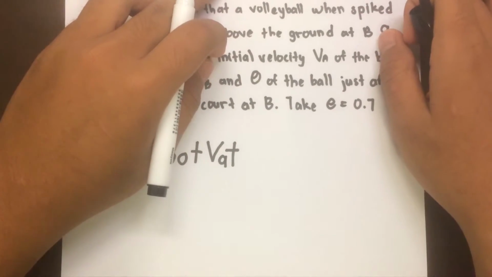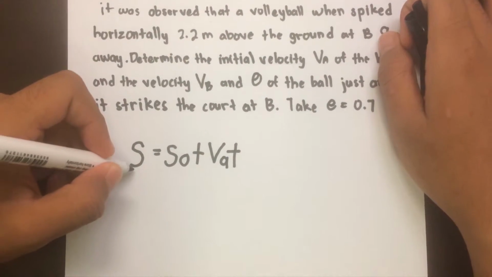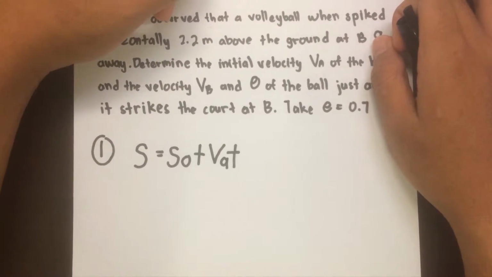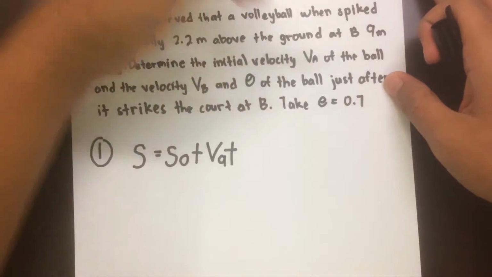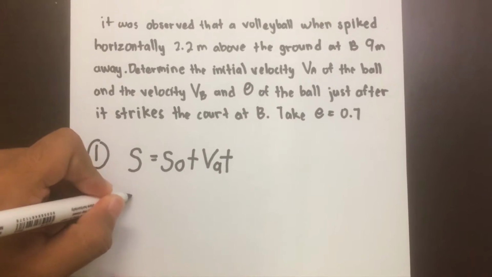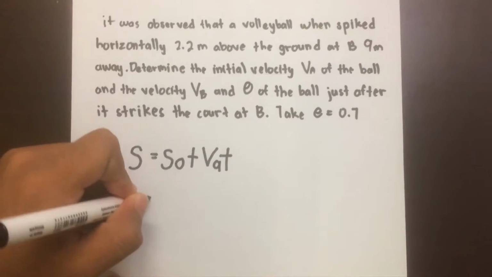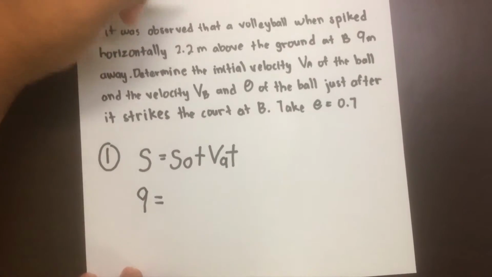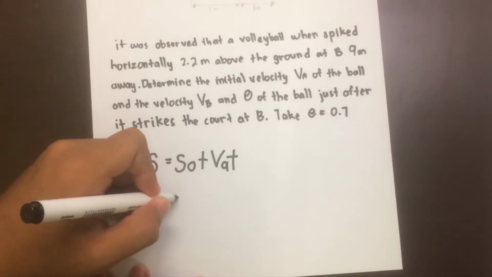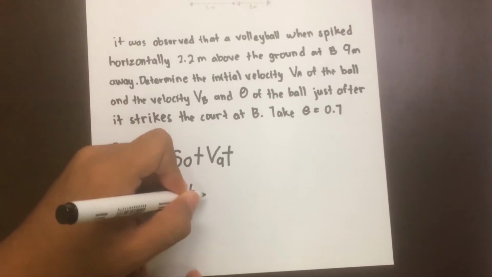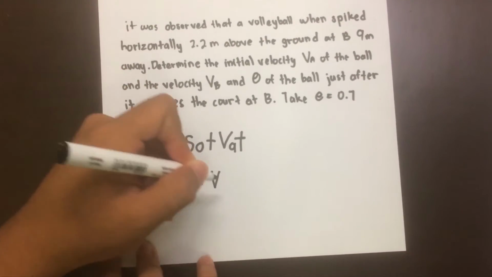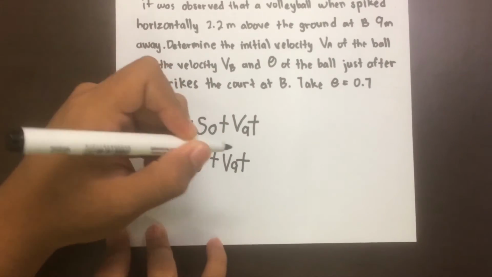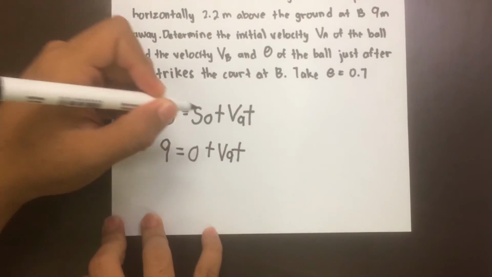We know the overall displacement is 9 meters. So we put 9 meters equal to the initial displacement 0, plus VA, which we don't know yet, times T, which we also don't know.